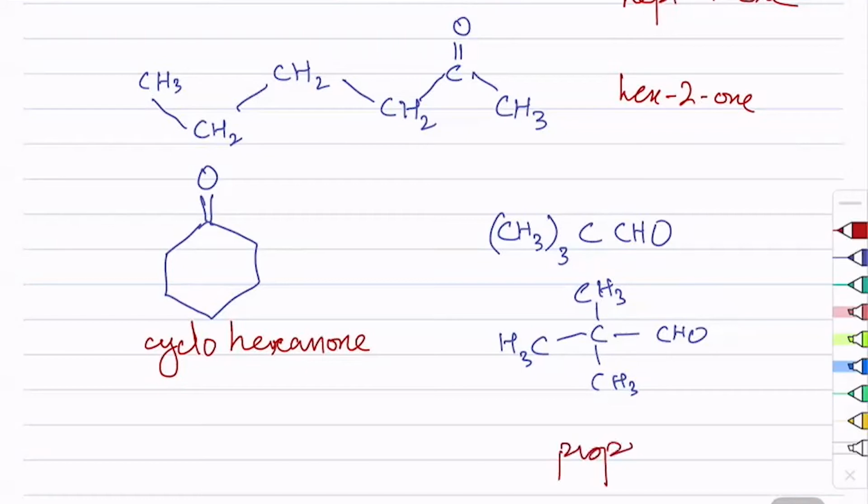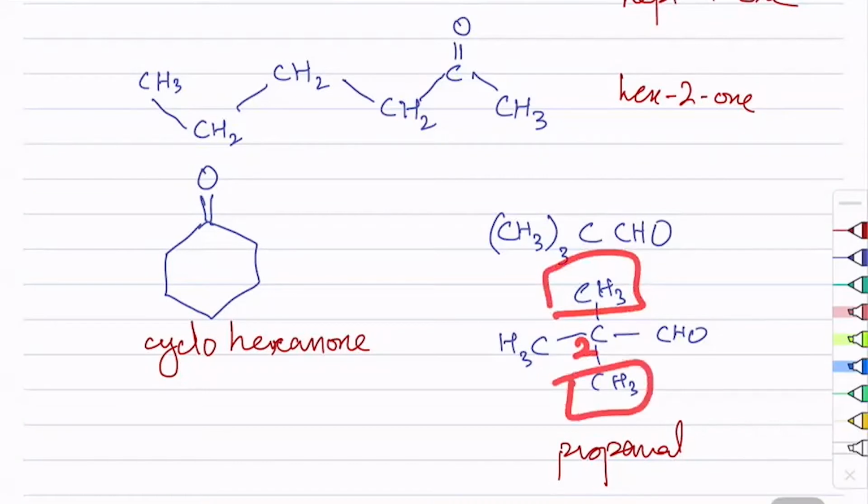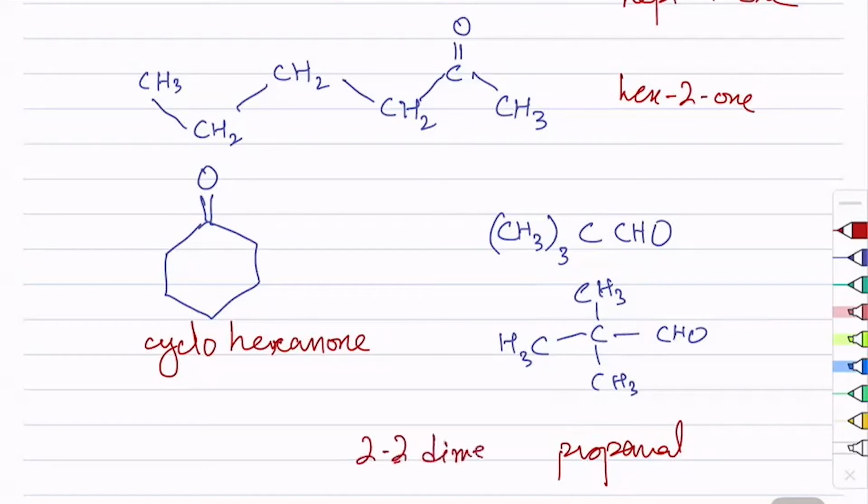So this is going to be propanal. And on the second carbon, we have 2 methyl. Okay, so that one is going to be 2,2-dimethylpropanal. Okay, that's how we name them.